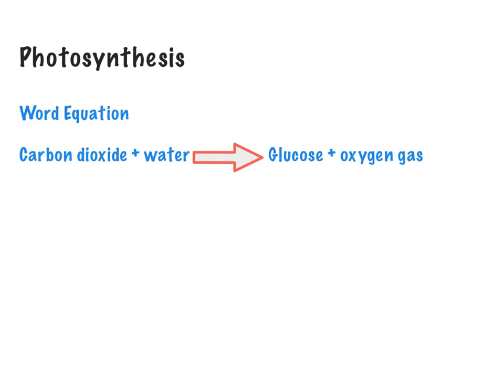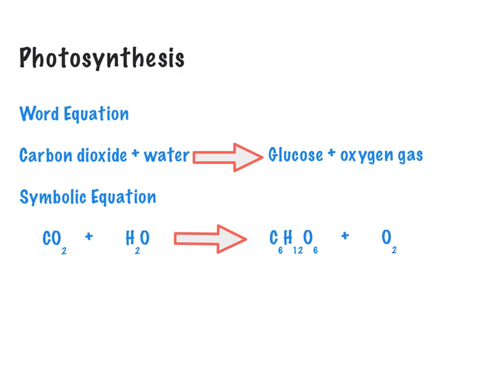Alright, so let's work through and see if we can balance this one. So the symbolic equation, I'll put it in here. The formula for carbon dioxide is CO2, we should know that. The formula of water, I'm very surprised we don't know, is H2O. Sugar though is much more complex, C6H12O6, and oxygen gas is of course O2.